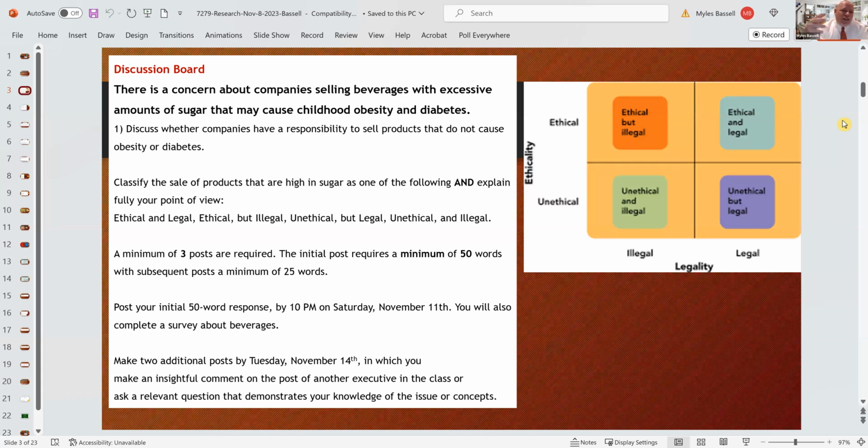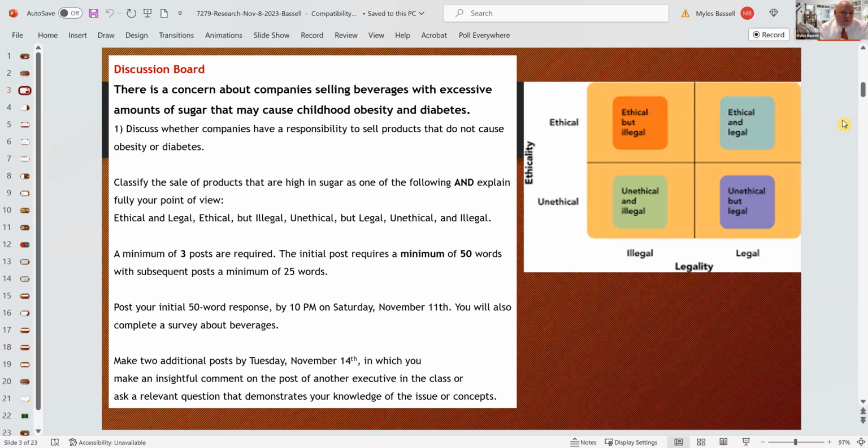I want us to have a discussion about this. What are your thoughts, right? What do you think about this? So this is a short but relevant discussion board, especially in view of our case study analysis about the cola wars, about Pepsi and Coke.